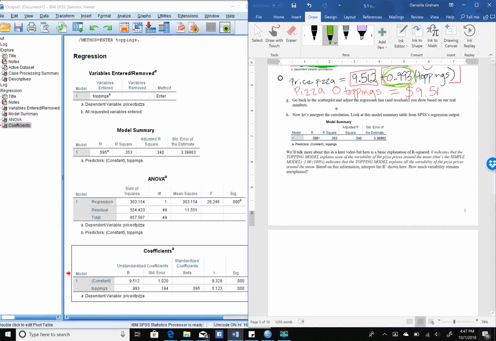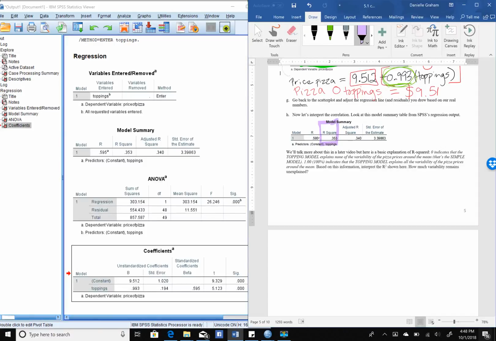This next part, interpret the correlation. Right, so now we see this model summary table, which we got from over here. Same numbers, once again, just copy and pasted. So this explanation down here is sort of telling you about this r squared value right in here.